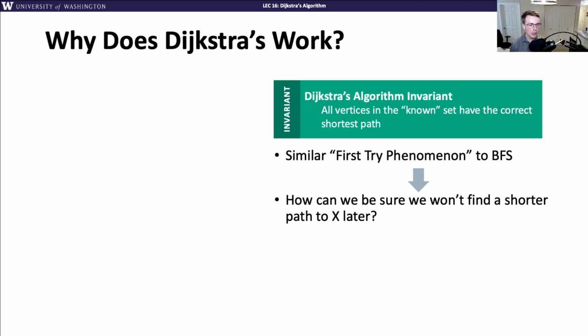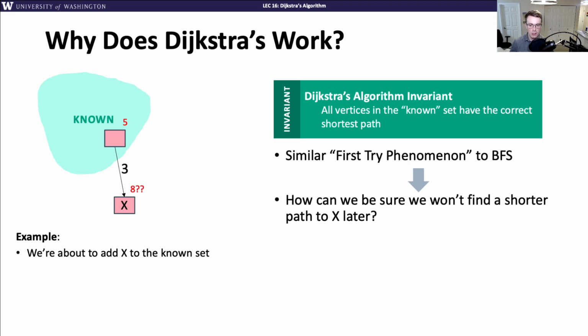My argument is that this invariant is held by answering this question: how can we make sure that we won't find a shorter path to some node X later? So suppose, for example, I had this algorithm in this state.